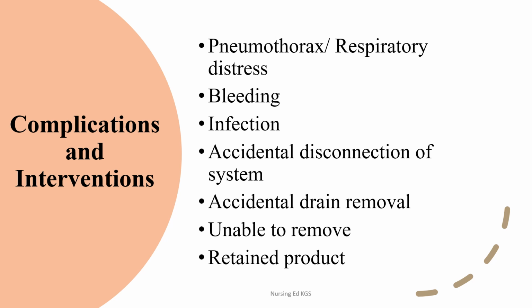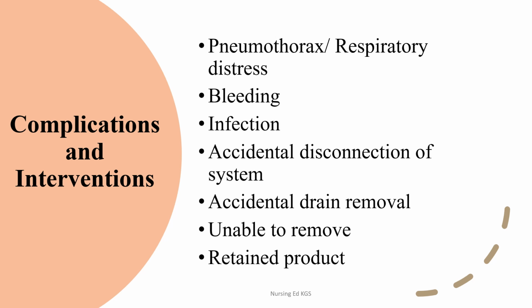If there's bleeding, you'll first don gloves, apply pressure to the insertion site, place an occlusive dressing over the site, notify the doctor immediately, and he may order coagulation studies and complete blood count. You'll also check your drain chamber to ensure that there is no excessive blood loss, which could indicate potential hemorrhage.